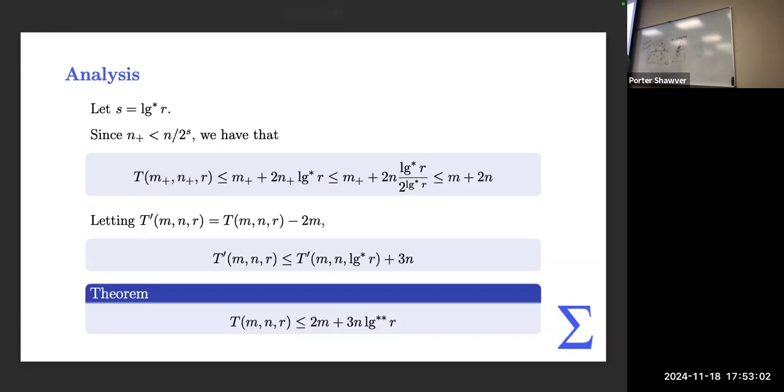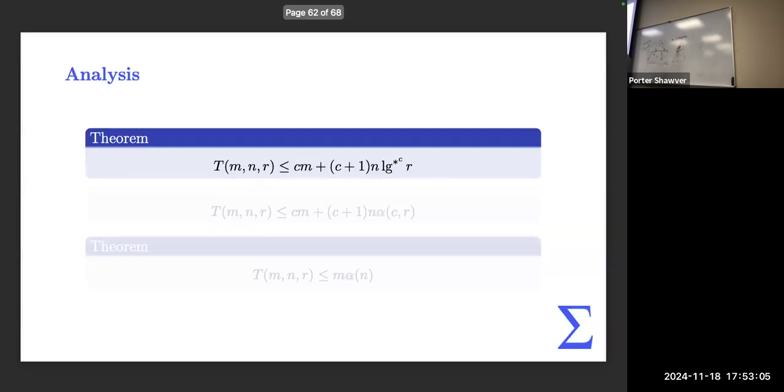We can repeat this analysis as many times as we want. We get (c plus 1)n log star c, where c is how many times we want to recurse down a tree. Log star c is another word I use for alpha c r from the beginning of this talk.